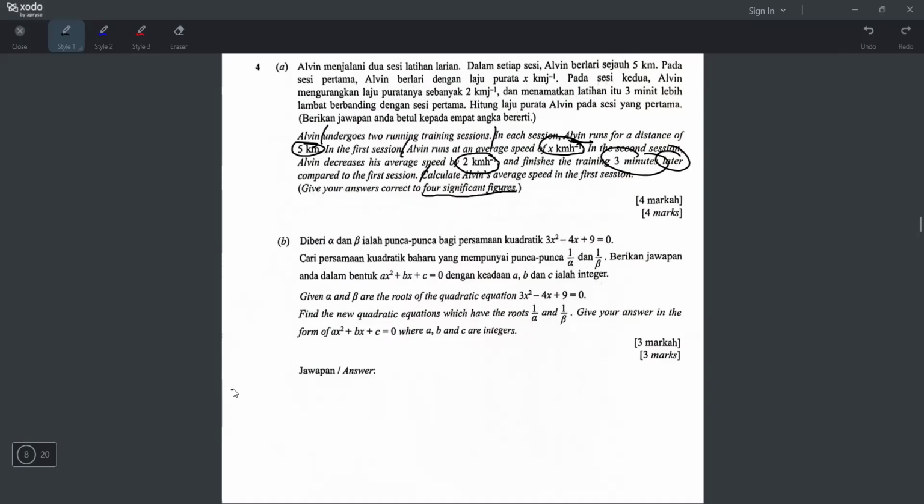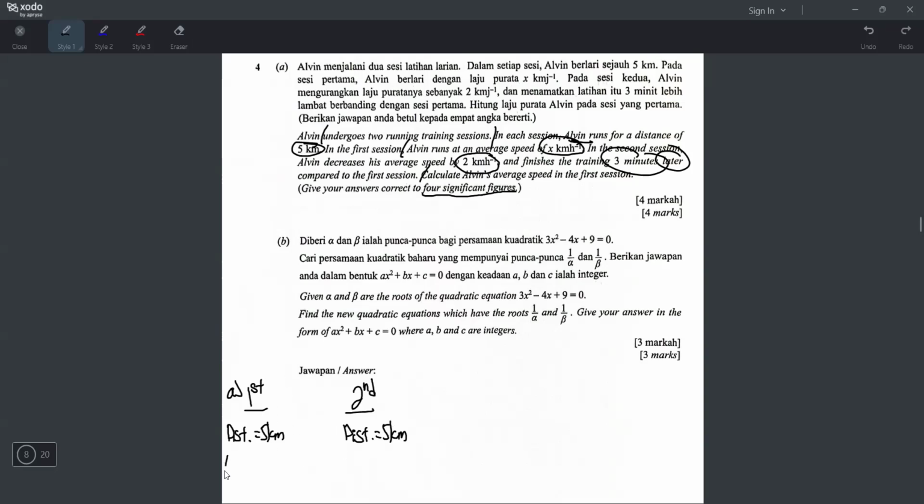Okay, I think the first thing I have to do here is write down the information, right? So how I will write it is, because there are 2 sessions, first session and second session. So let's write down the first session's information. We all know the distance is 5 kilometers for both sessions. For both sessions it's the same, because they say already, right? In each session, Alvin runs for a distance of 5 kilometers. Means every session took 5 kilometers.